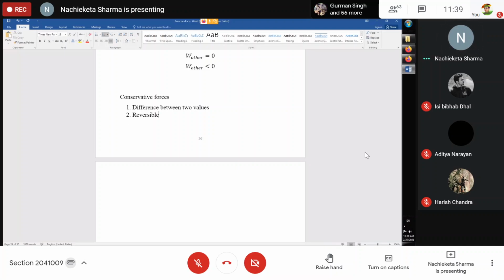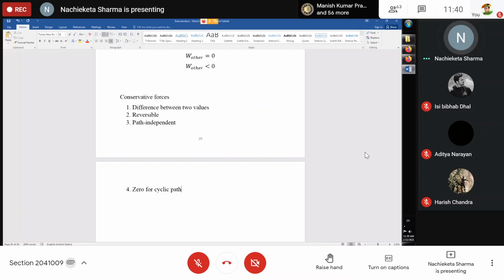Third, it is independent of the path, path independent. I will explain everything, just wait. And the fourth one is zero for a cyclic path.